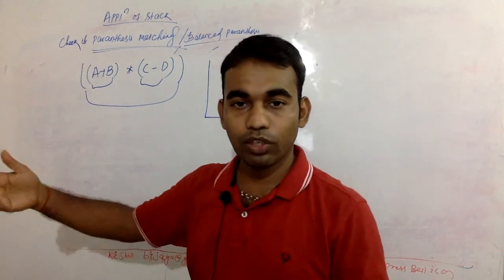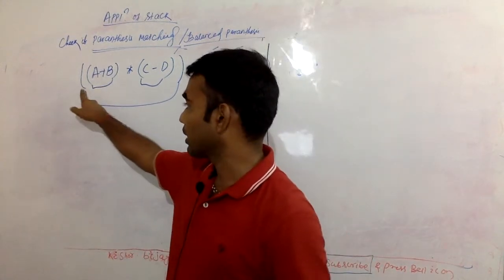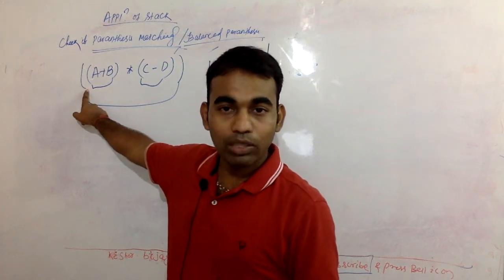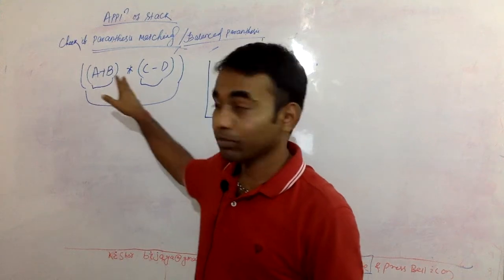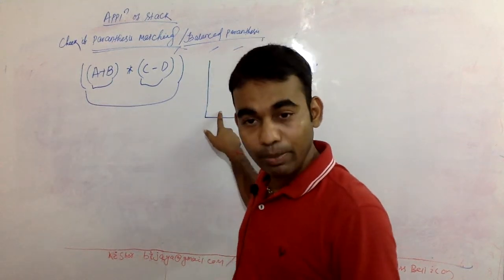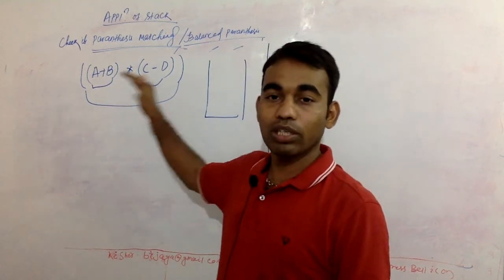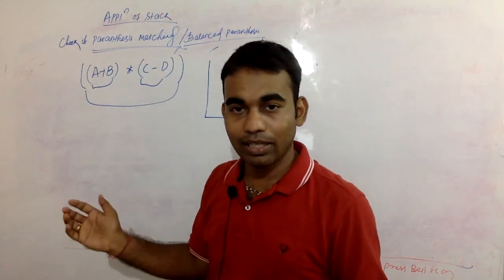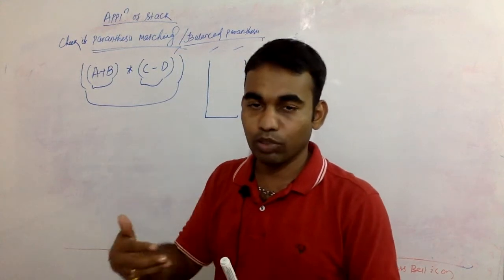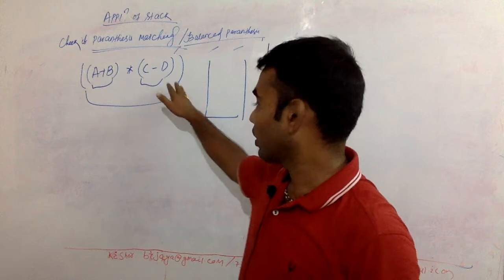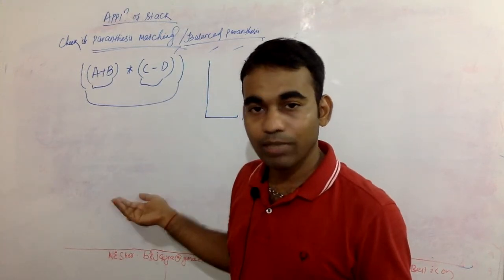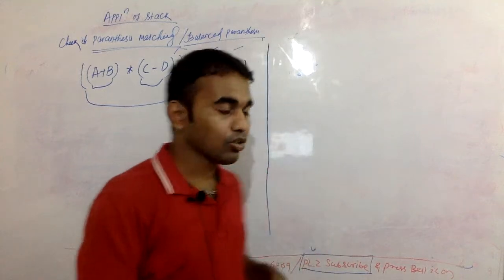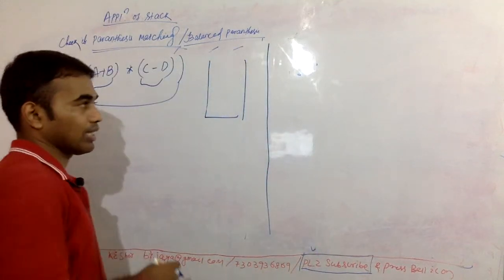That means we will write a for loop which will scan each and every element. If a left bracket comes, then we will push it into the stack, and if a right bracket comes, then we will check whether a left bracket is present in the stack, then only we will extract it and tell that okay, it is matching, and we will continue that process. And if at last the stack is empty, then it is a balance parenthesis, otherwise not, right? So that's what the algorithm is all about.